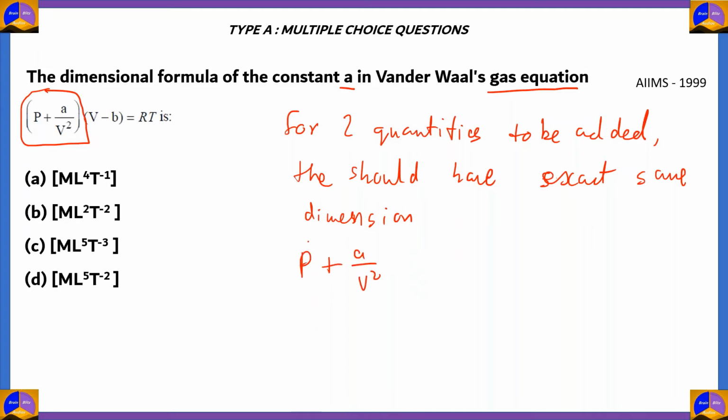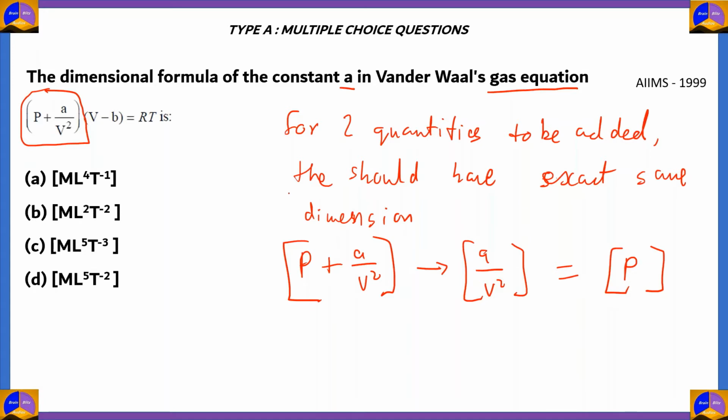Since this is the true gas equation, we can write that the dimensions of A by V squared will be equal to the dimensions of P, that is pressure. P here stands for pressure. Let's write it down.